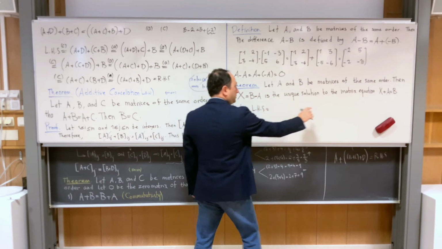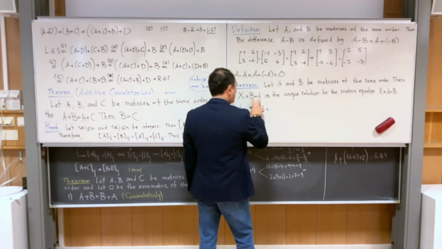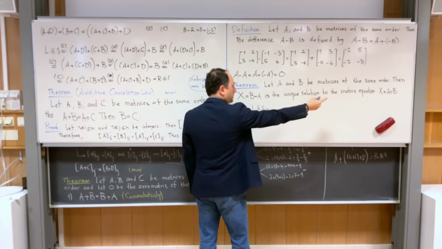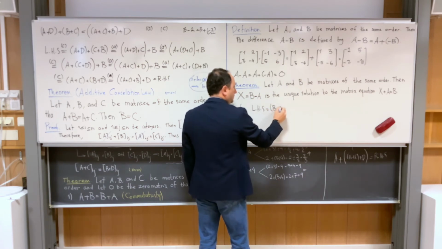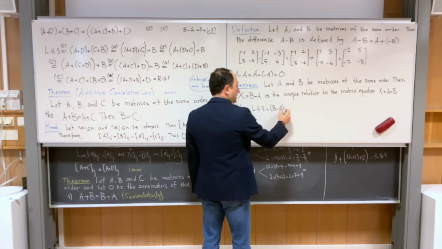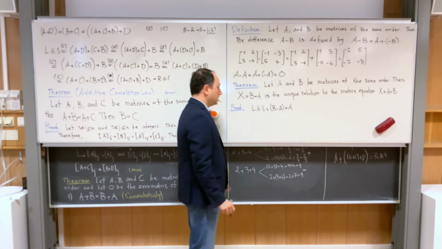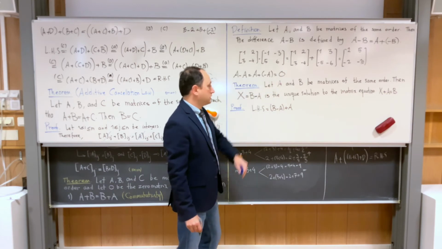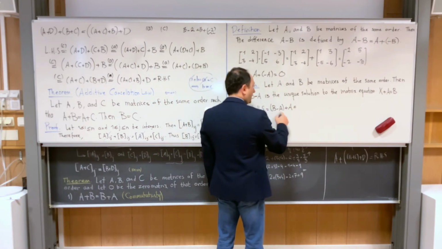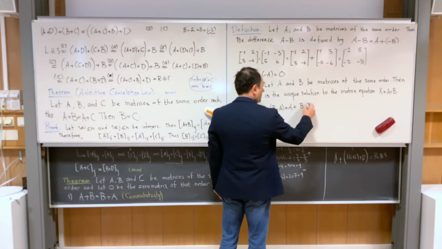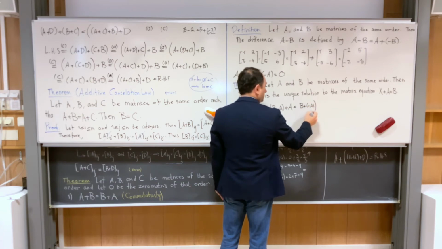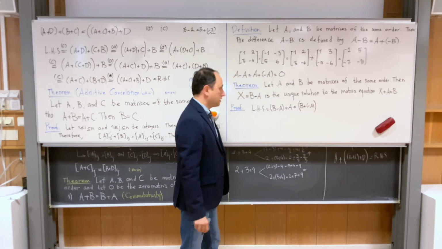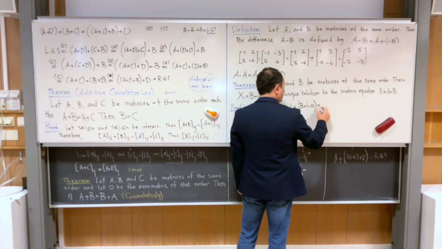And then I replace this X with B minus A. But because there is another operation involved, I need to use a pair of brackets, and then I have A. But then I use the definition of subtraction here, which is still on the board. So instead of B minus A, I can write B plus negative A.